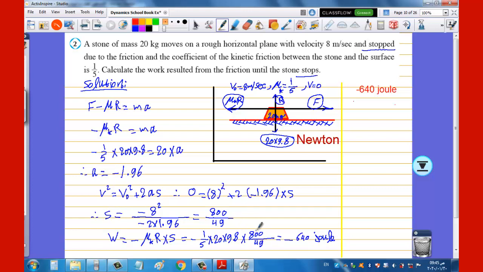It's joule because the unit of the force is in Newton, and the unit of the distance is meter. And this is the end of this question.